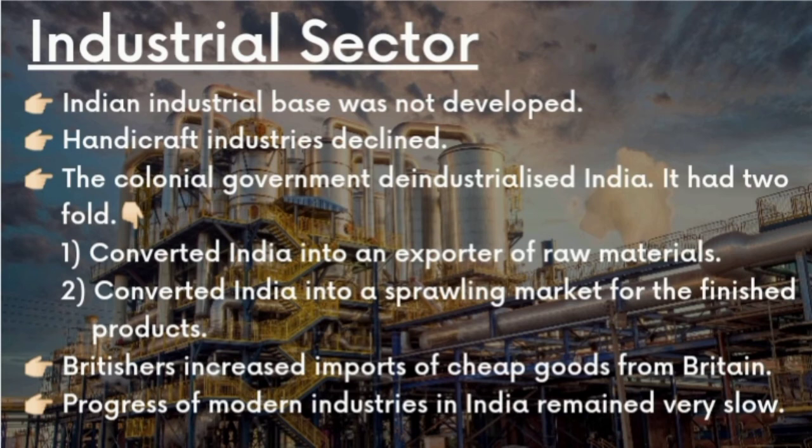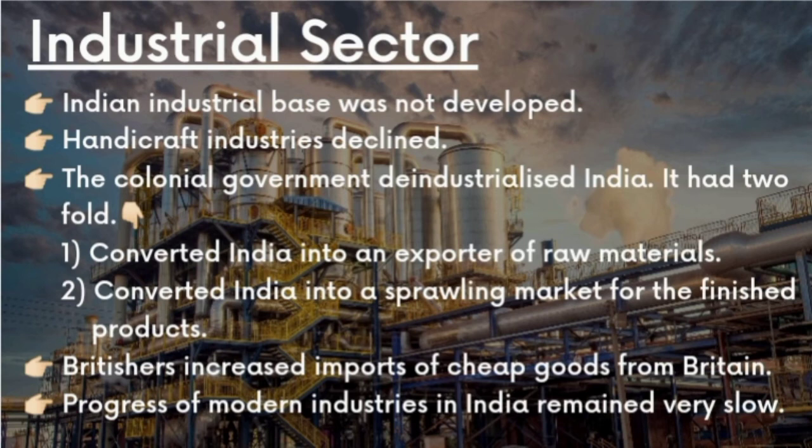They saw India as a mere supplier of raw materials and a consumer of the finished goods from Britain. The same points are being explained here too. They converted India into an exporter of raw materials, and into a consumer of finished goods from Britain.